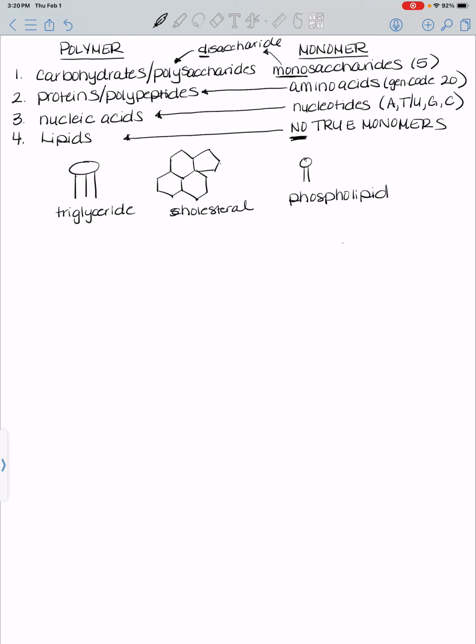So it has a COOH at the end, and then an amino group like NH2, and then we have something called an R group. And the R group for amino acids determines which of the 20 amino acids we have that we talked about. So those are the 3 components of every amino acid. R group is variable, and that's what's going to determine if it's leucine, glycine, valine, etc.